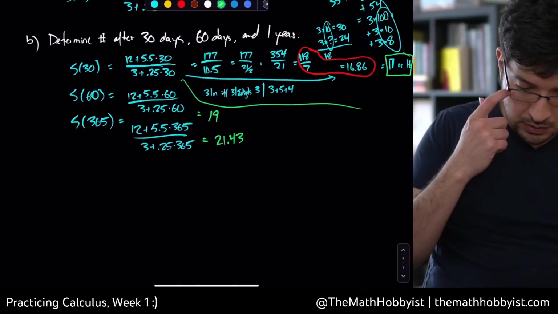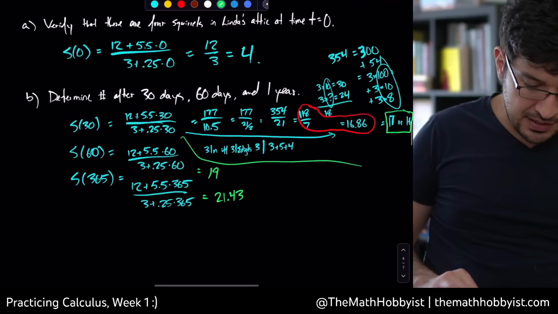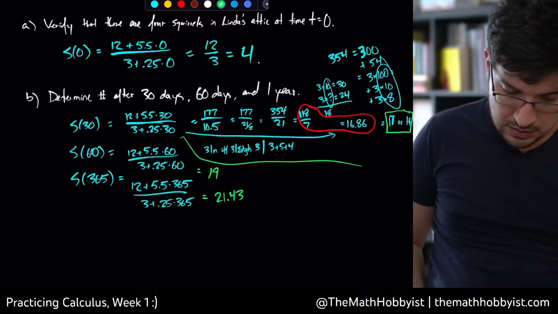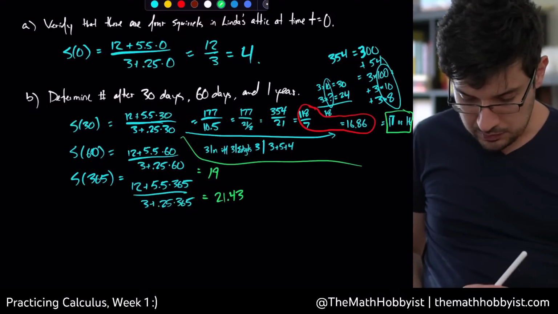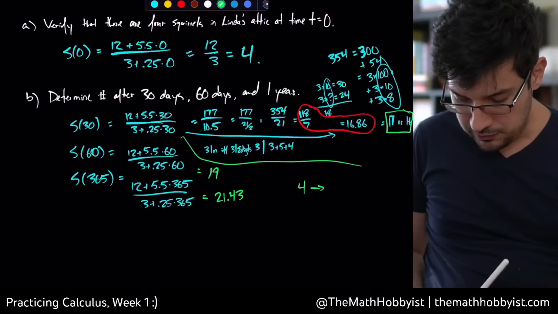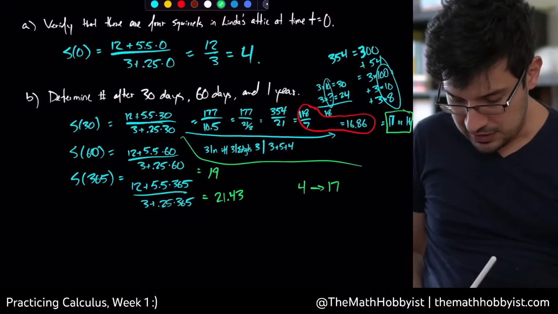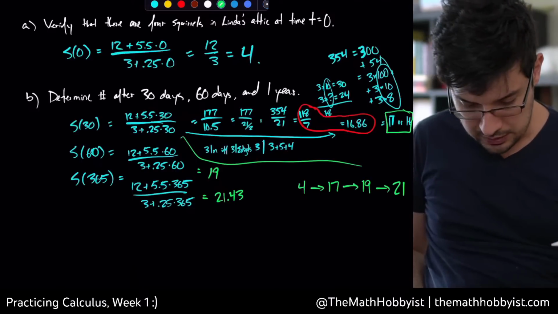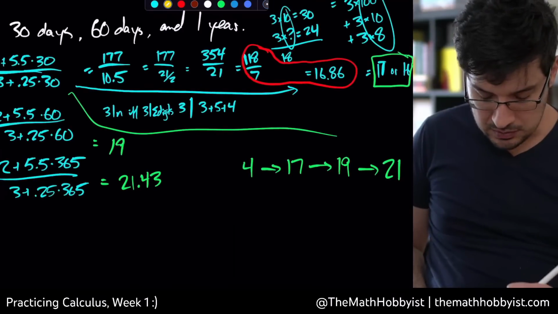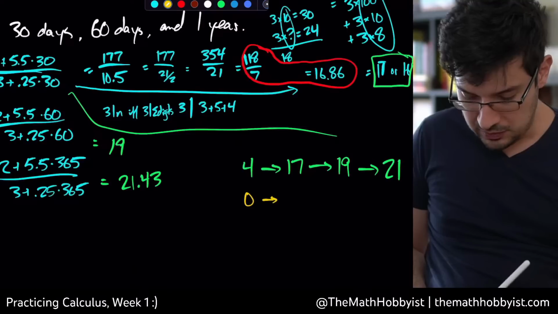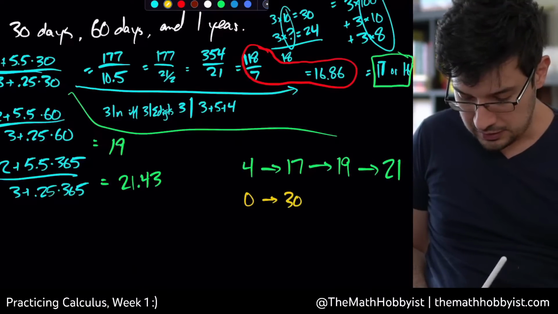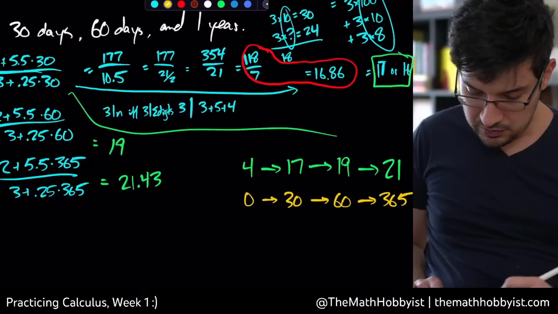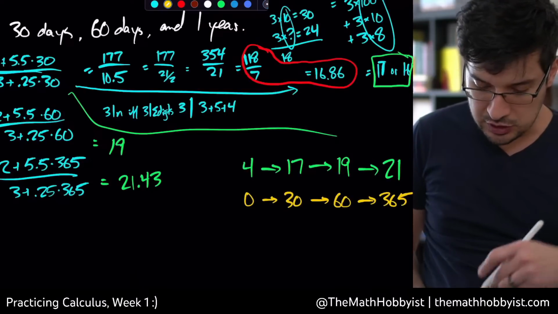We found the number of squirrels after a certain number of days: 30, 60, and 365. And so we saw that it went from 4 to about 17 to about 19 to about 21, even though the number of days was 0, 30, 60, and 365. So we can see how the population is slowing down.